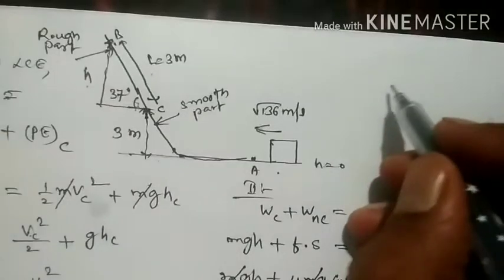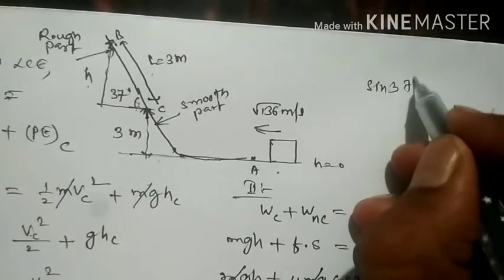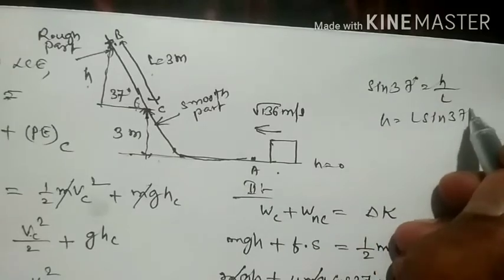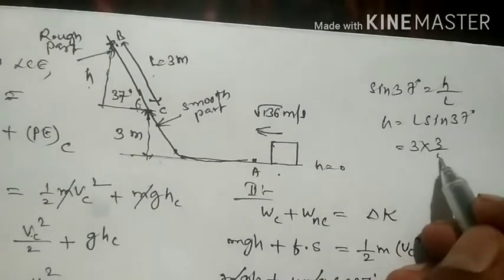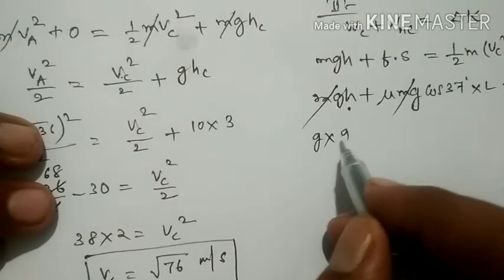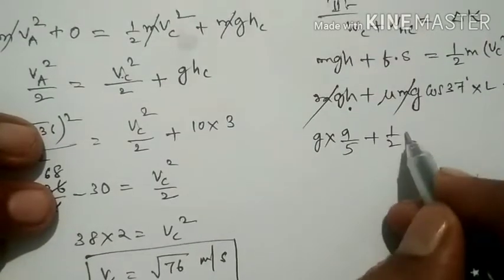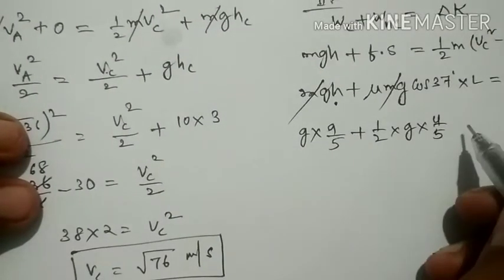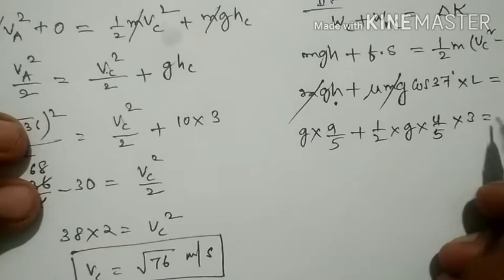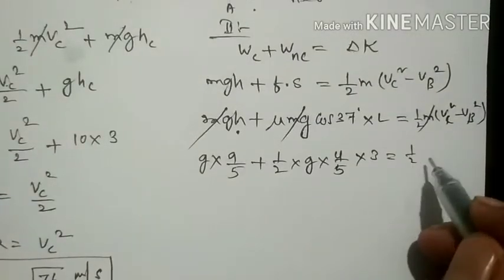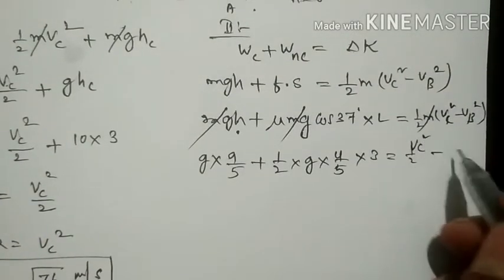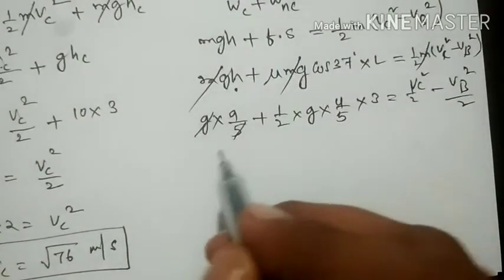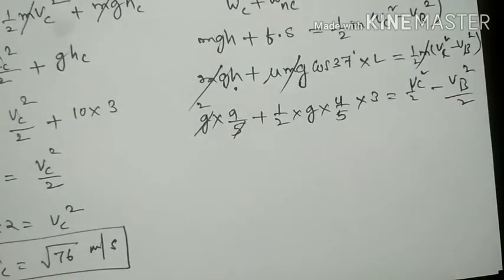Sin 37 is equal to h by L, or h is equal to L sin 37. What is L? 3 into 3 by 5. So h is 9 by 5. Plus it is 1 by 2 into g into cos 37, which is 4 by 5, into 3, the distance is 3. Equal to half of, or you can also write, vc square by 2 minus vb square by 2. So it is 5 twos are 10.